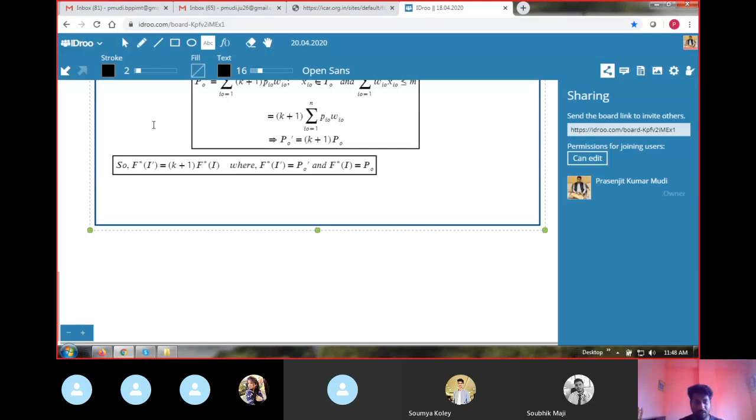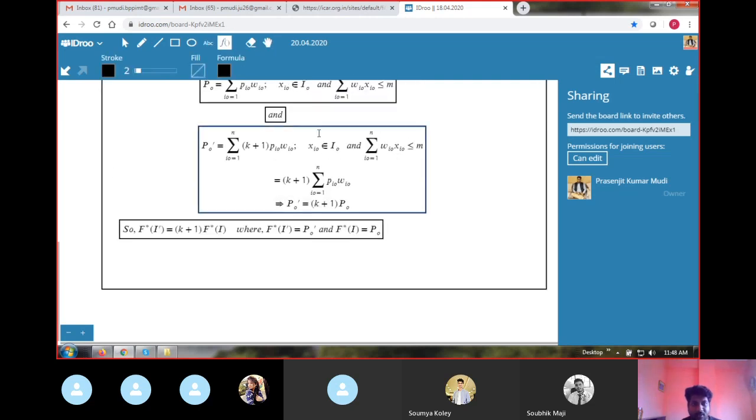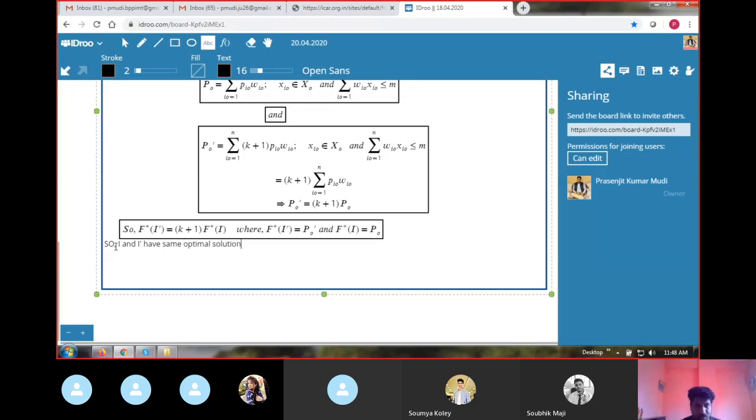That means the optimal solution, which is the x0 vector or the I0 vector, this is my mistake, this is x0, have the same optimal solutions.